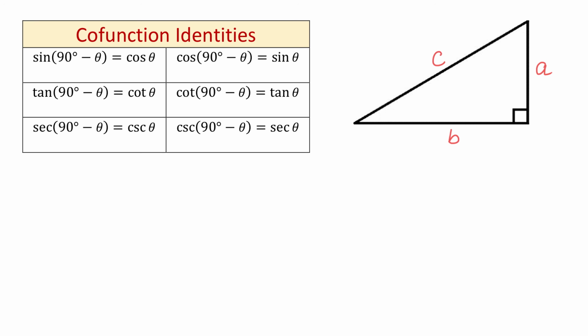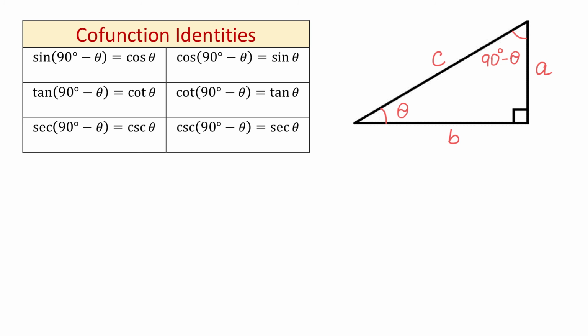For example, if this angle measures 30 degrees, then the other angle will measure 60 degrees. And if this angle measures 40 degrees, then this one will measure 50 degrees. Then we can say that if this angle measures theta degrees, then the other angle will measure 90 degrees minus theta.